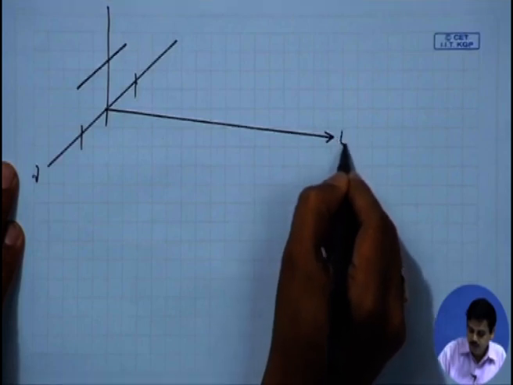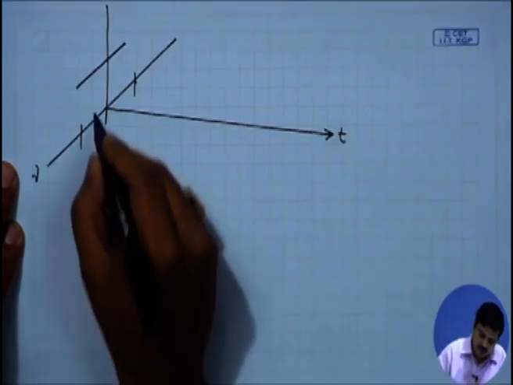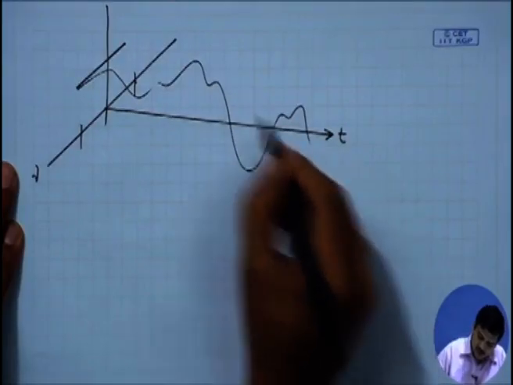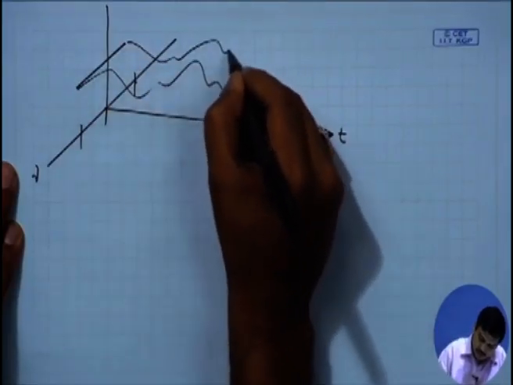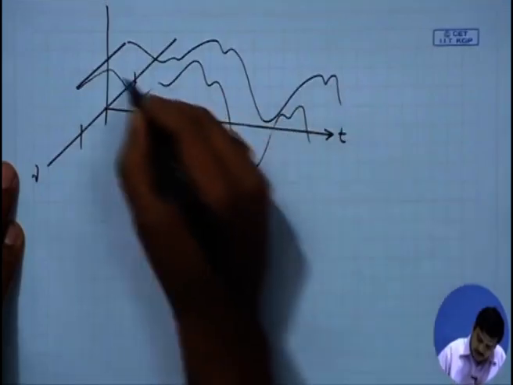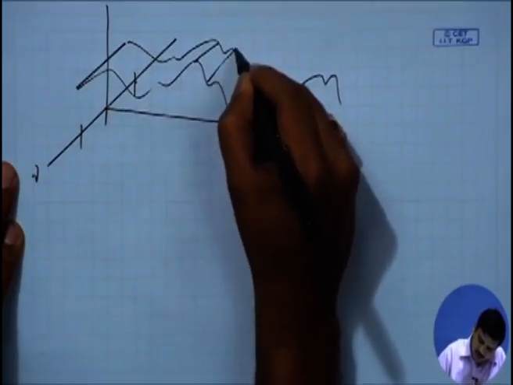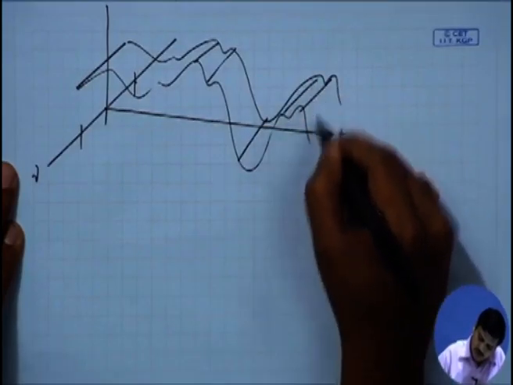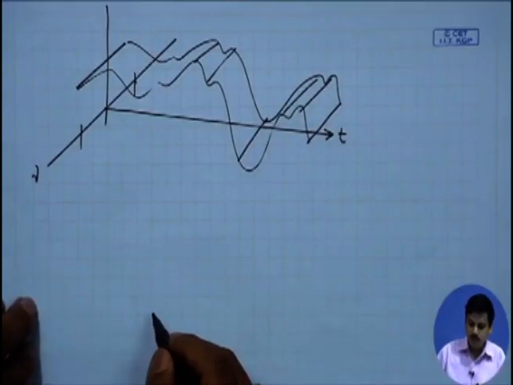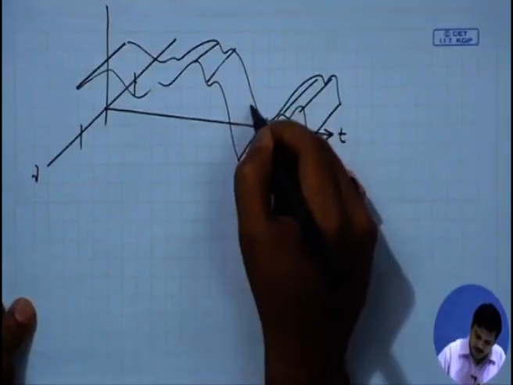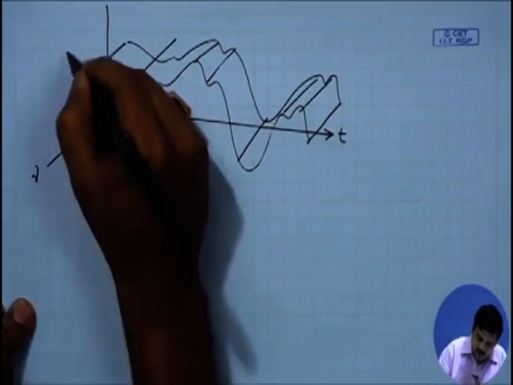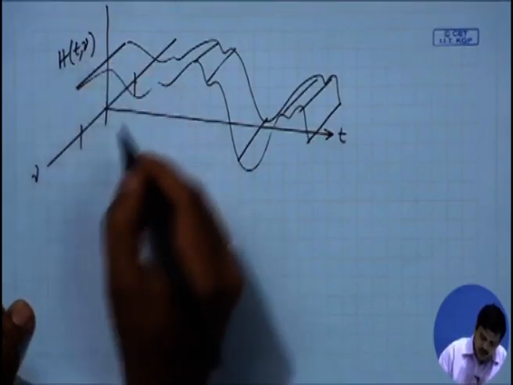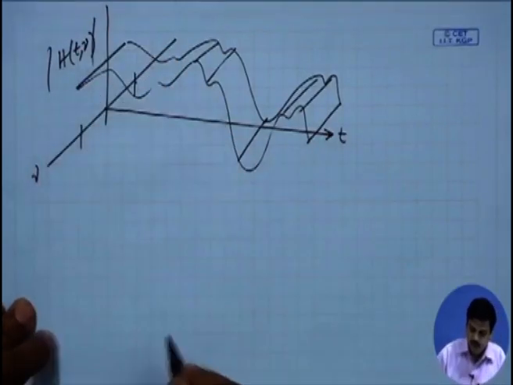However, if we draw the time axis, what we will see is that this value is fluctuating with time. So, that means across this whole set of bandwidth, the magnitude is remaining the same, there is no change in magnitude across the bandwidth. However, that same magnitude is fluctuating across time as depicted in this figure.